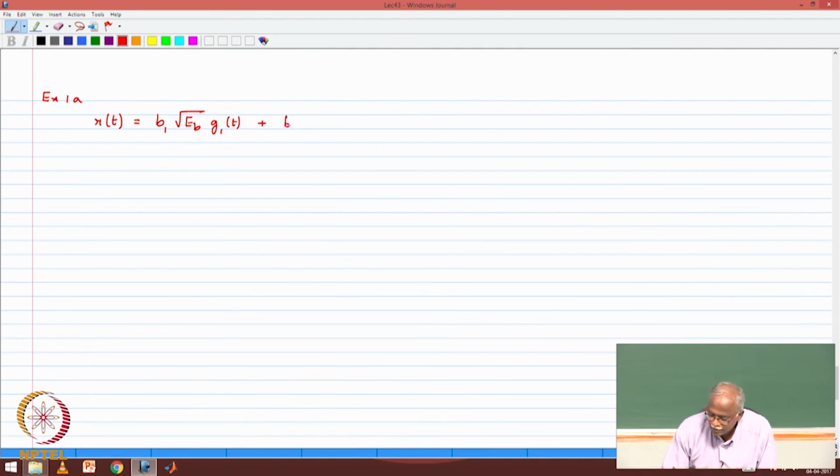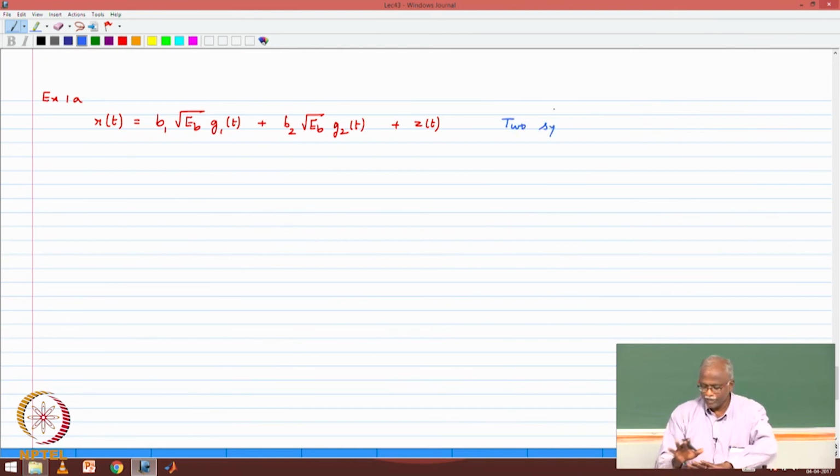The interfering signal is b2 root Eb g2 of t, and of course, as always, there is noise present in the system, z of t. This is the case of 2 synchronous users, because both of them are perfectly aligned in terms of their symbol boundaries.